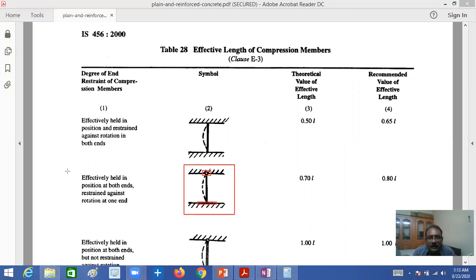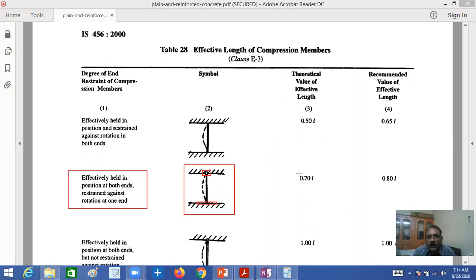In problems you will see this condition: held in position at both ends, only one end is restrained against rotation. So then what will happen?